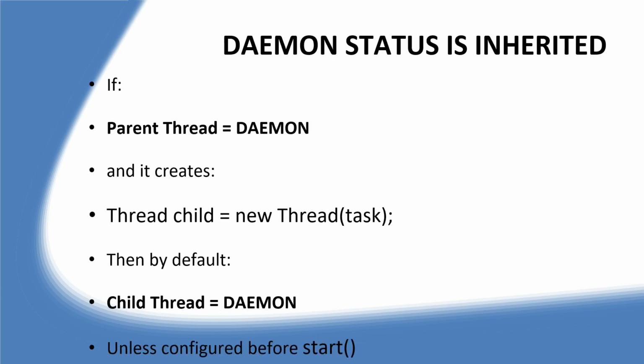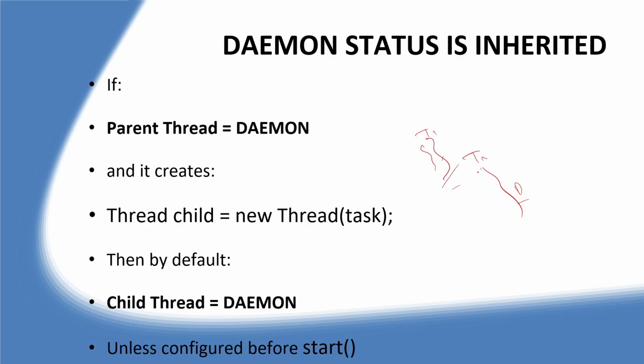Now there is another useful detail about daemon threads. A newly created thread inherits its daemon status from the thread that creates it. Imagine you have one thread, and inside this thread you are creating another thread, and this one is a daemon thread. So a newly created thread will inherit its daemon status from the thread where it was created.